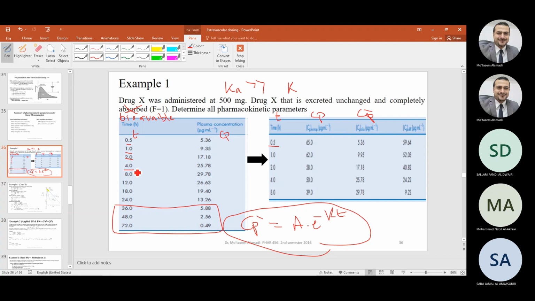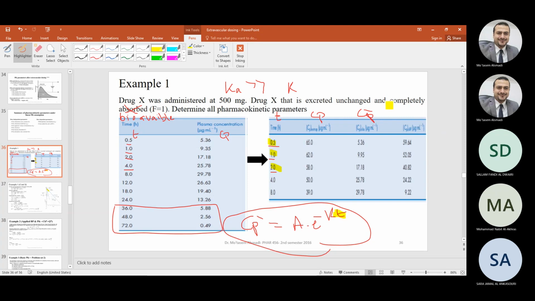You cannot do it on 2 time points, as we mentioned before. So I'll calculate Cp prime using this equation at these time points by just plugging in the values of t. Now you have the values of the Cp prime.